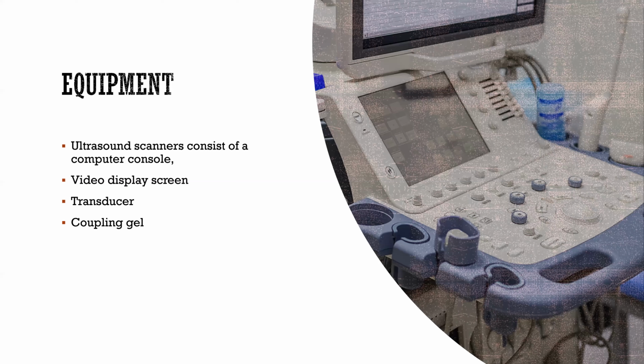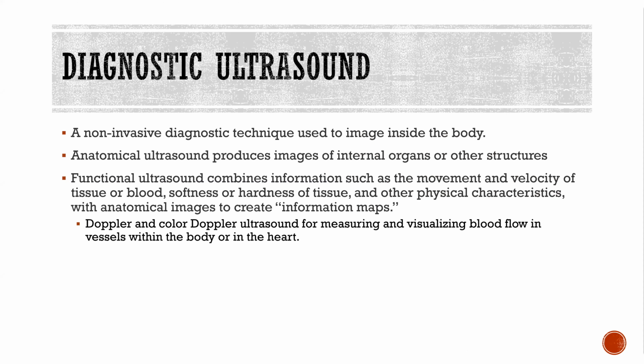So again, just taking another look at our diagnostic ultrasound, it's a non-invasive diagnostic technique, designed to look inside the body. The ultrasound produces images of the organs or the other structures that are being looked at.